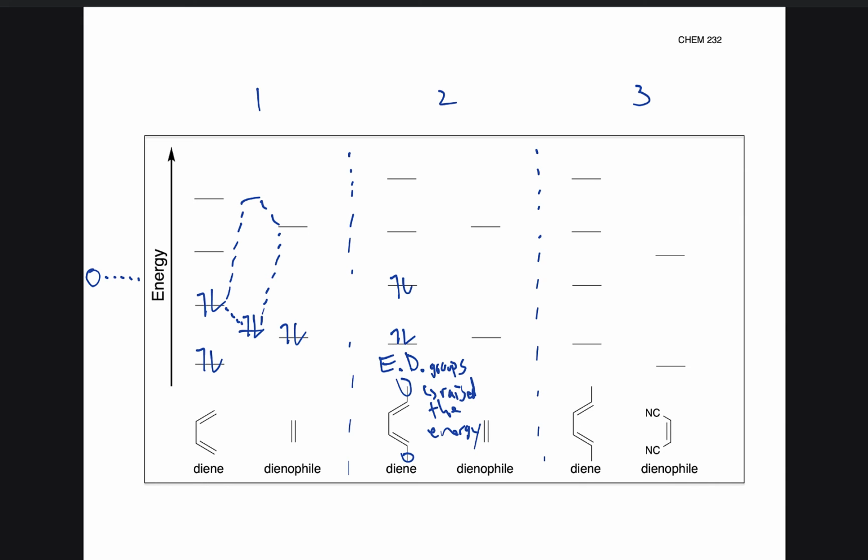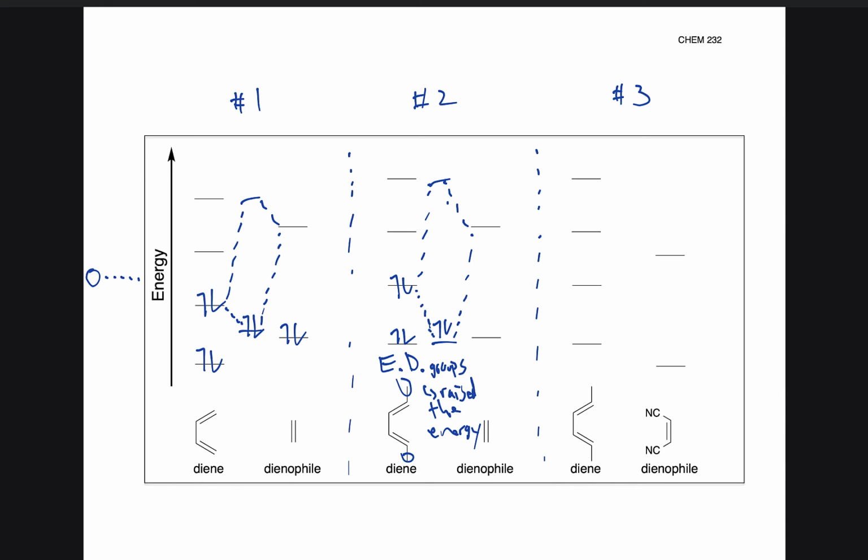See that? It's higher in energy than number 1. And what that means is it reacts faster, because it's closer in energy to our LUMO for our dienophile. The overall energy actually gets lowered when we mix our orbitals together.